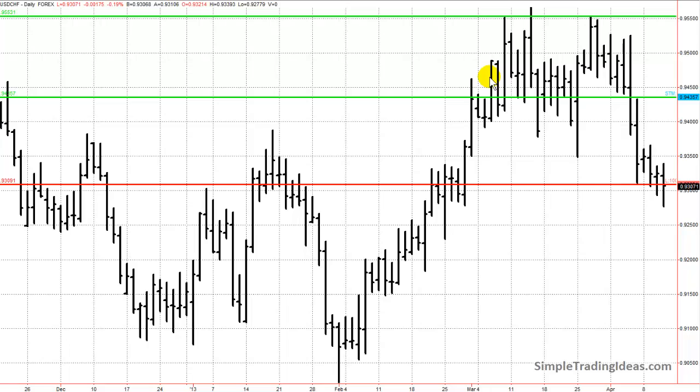But in this particular case, we're looking at a trading system where we are smart enough to control our risk.